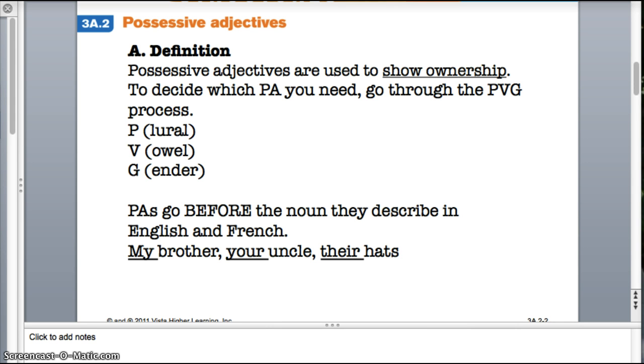You always check to see if it starts with a vowel after you check to see if it's plural. And gender is next. If it's not plural and it doesn't start with a vowel, then you simply figure out if it's masculine or feminine. Possessive adjectives go before the noun they describe in English and in French. Samples in English would be my brother, your uncle, their hats.